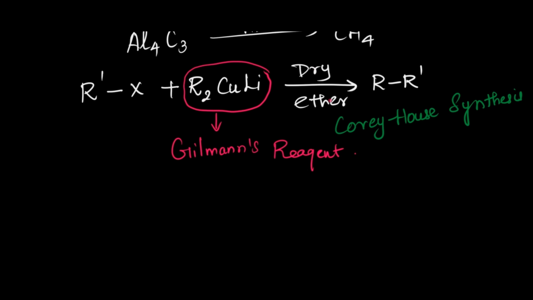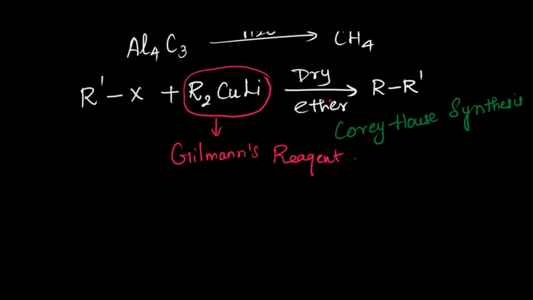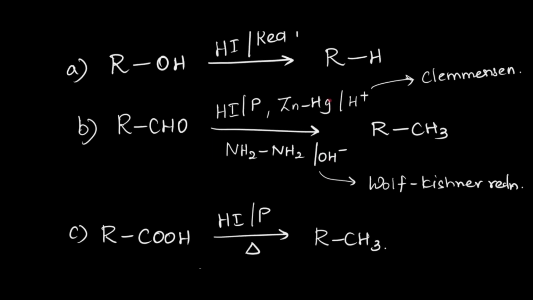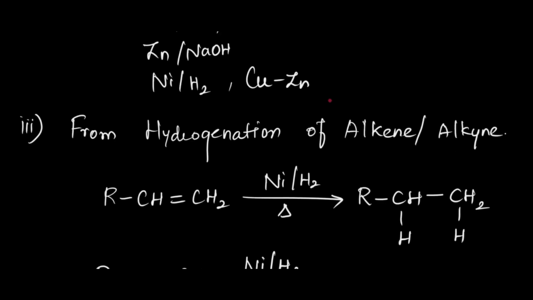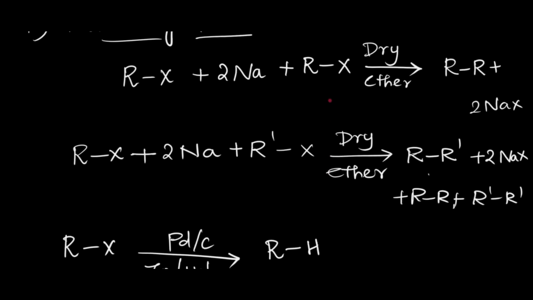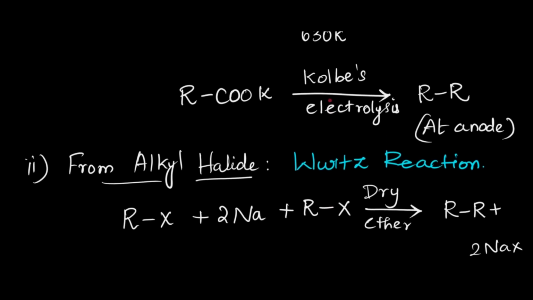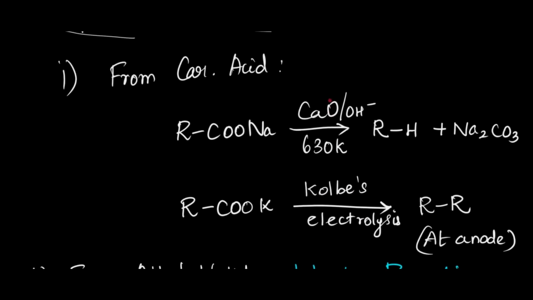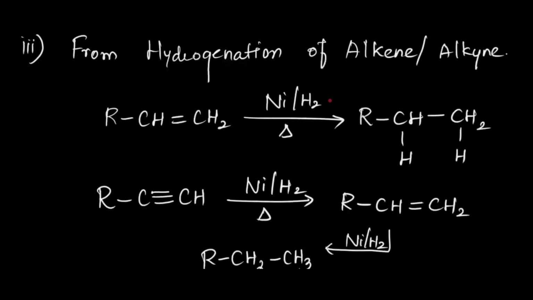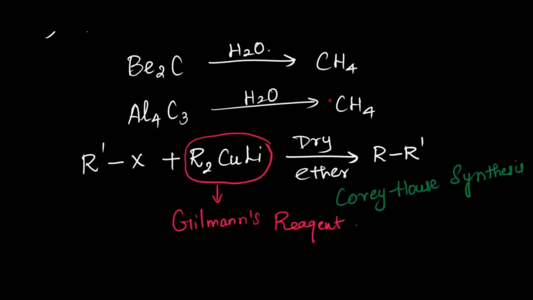Okay, so Corey-House synthesis, Kolbe's electrolysis, Clemmensen reduction, Wolff-Kishner reduction, and whatnot. These are the things we are seeing in Wurtz reaction, these are the things we are seeing in preparation of alkanes.